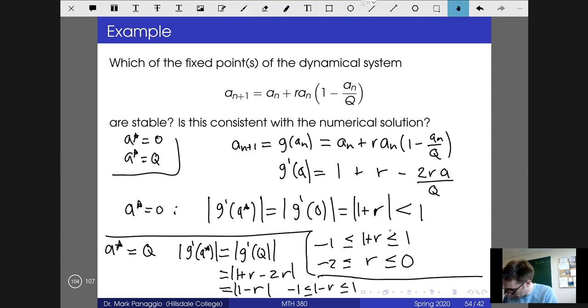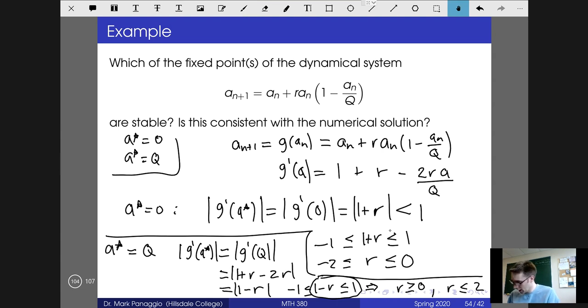And we can rearrange that just a bit. 1 minus r less than or equal to 1, we could write that as r is greater than or equal to 0. And then if we do the other side, taking that part and rearranging it just a little bit, we could bring the r over to the other side, and we would have r is less than or equal to 2.